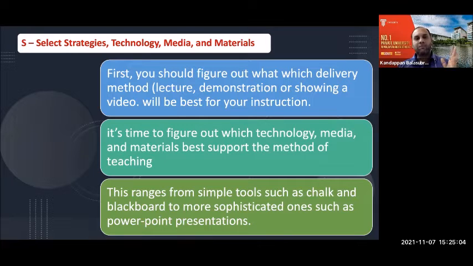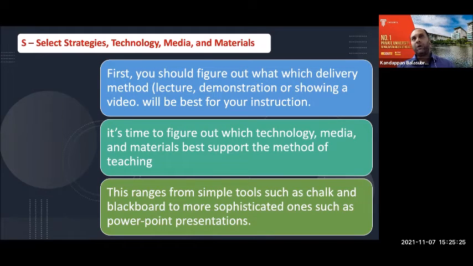It's always better to know which fits your learners and your learning outcome, and you select that first. After selecting that, you find out which technology, media or material very well supports your teaching.